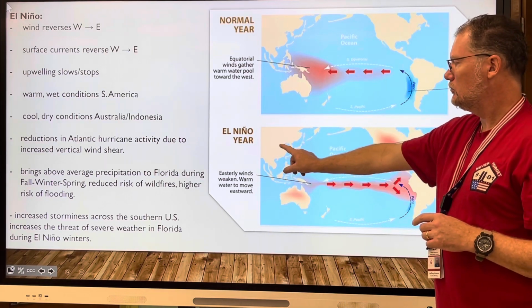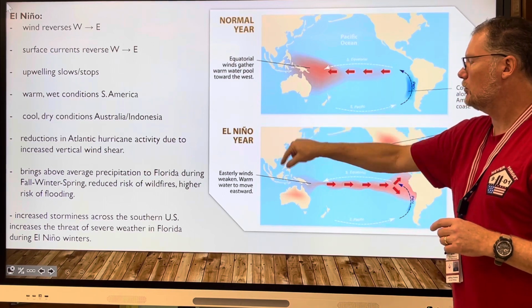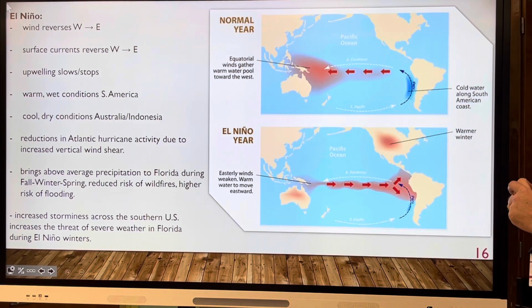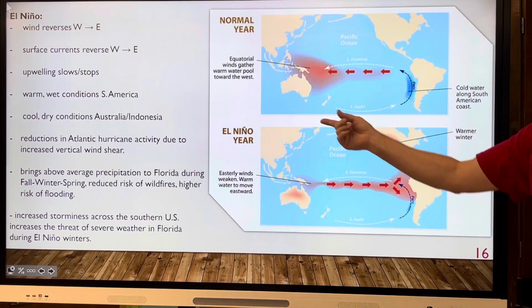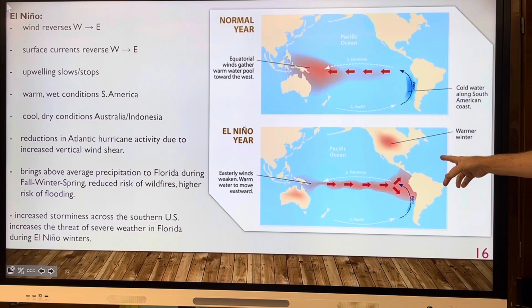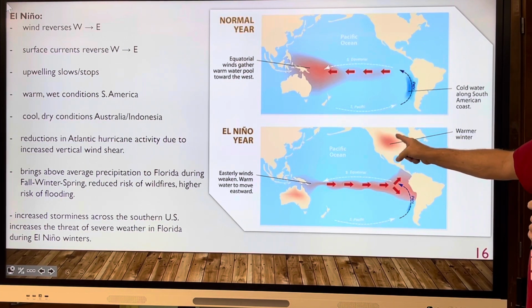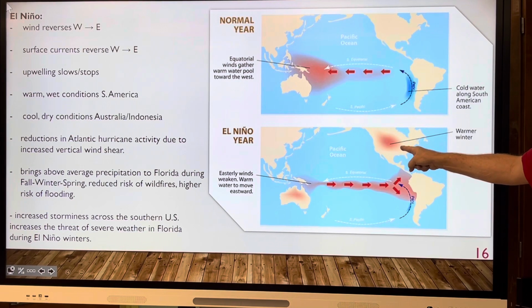Vietnam, China, Japan, Russia's up here, okay? And that reduces Atlantic hurricane activity because of increased vertical wind shear. So you're going to get fewer hurricanes during an El Nino. You're going to get warmer winters in North America, in our country.